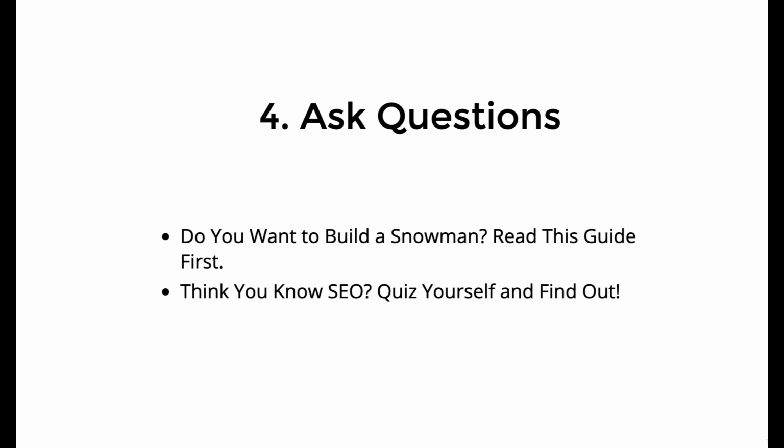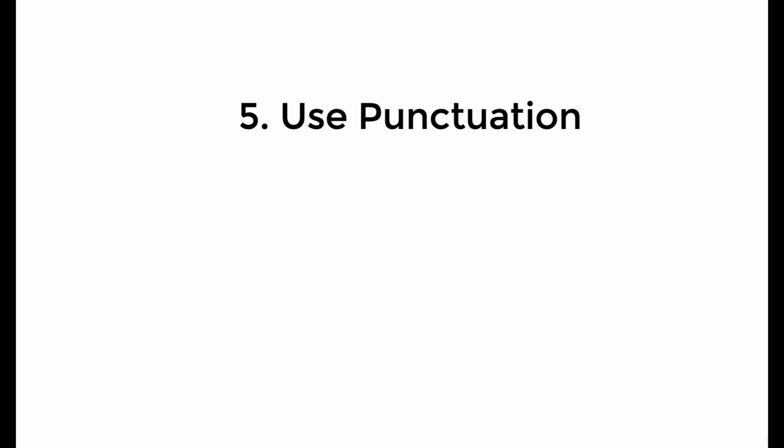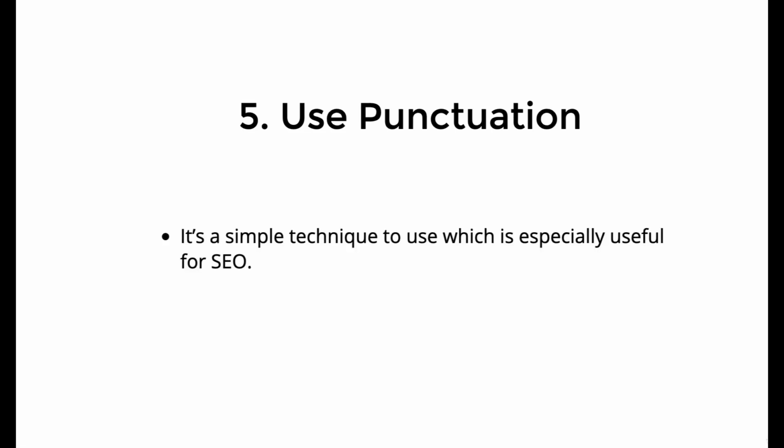The 5th tip for the right headline is to use punctuation, and it's a very simple technique, especially used for SEO. All right, so if you want to rank in Google search, any SERPs, guys, or in YouTube search, putting the keywords at the start of the title can be very helpful.